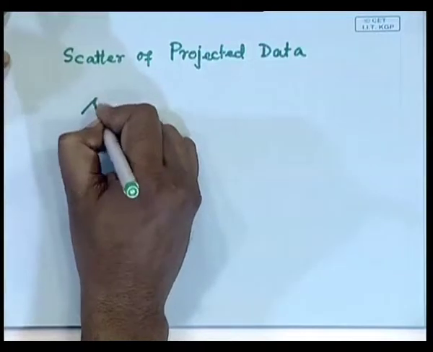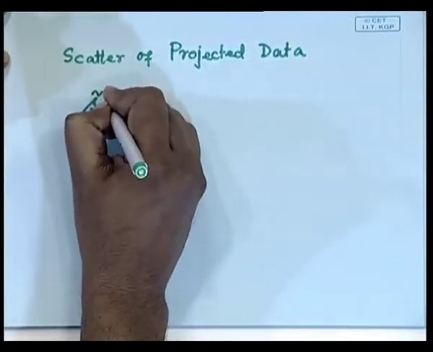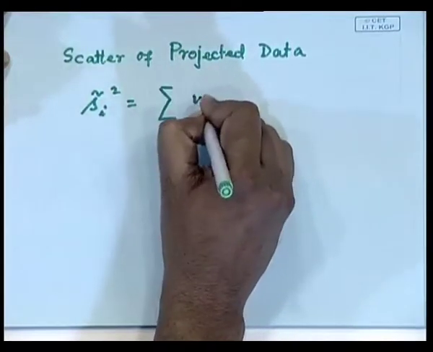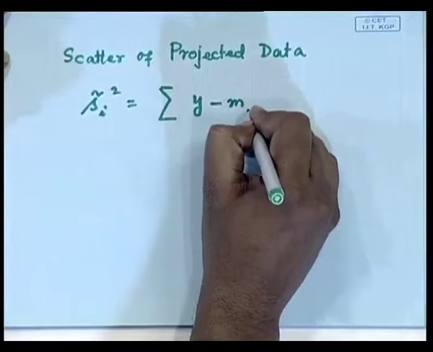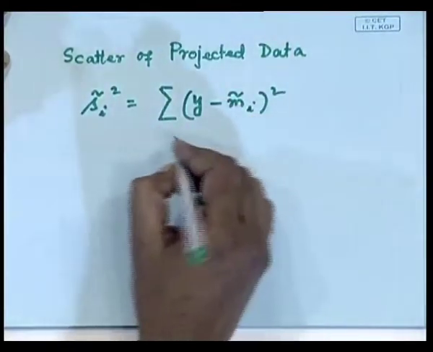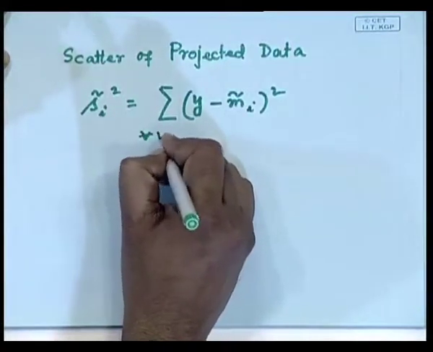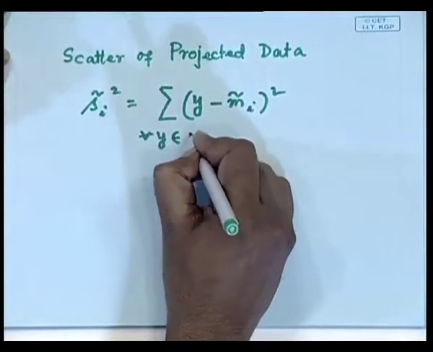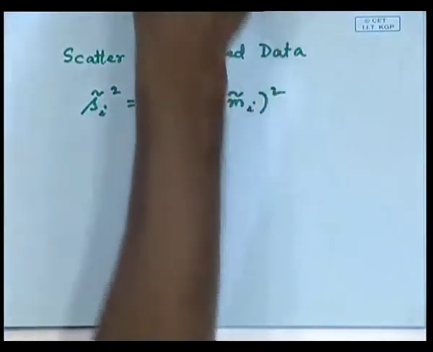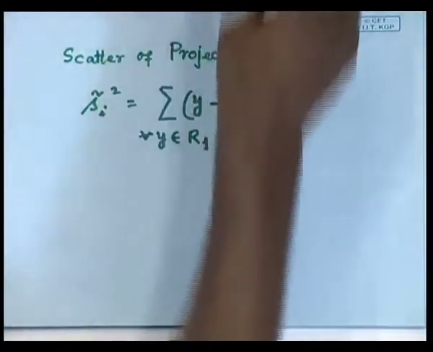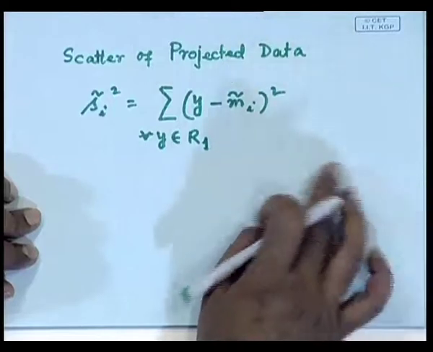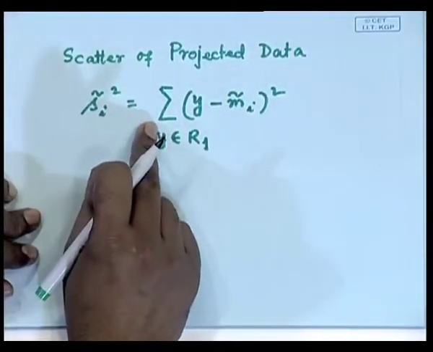So, for an ith class, I define the scatter of the projected data as summation of y minus m i tilde square, okay, where this summation has to be taken over all y belonging to set R i. Is that okay? You find that this is something similar to variance. Okay. What we have not done is, we have not normalized this.